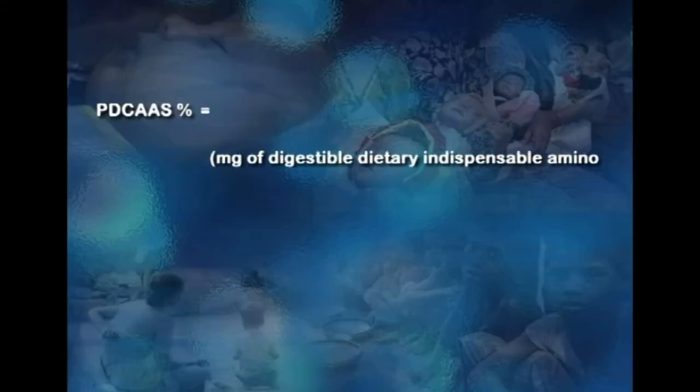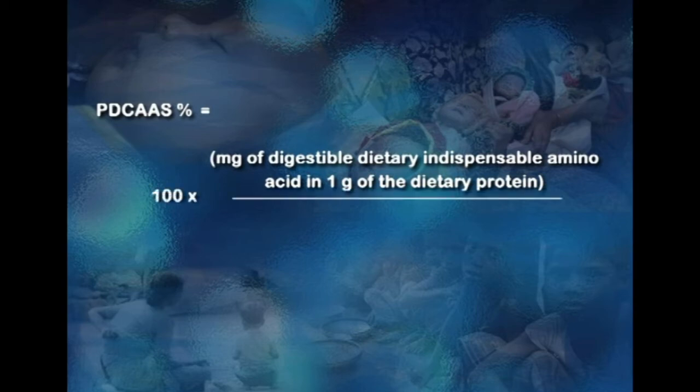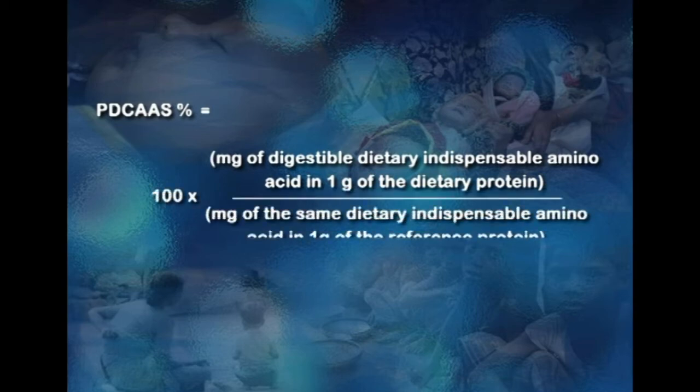It is recommended that a revised score called PDCAAS be used, and it is defined as 100 into milligrams of digestible dietary indispensable amino acid in 1 gram of dietary protein divided by milligrams of the same dietary indispensable amino acid in 1 gram of reference protein multiplied by 100.